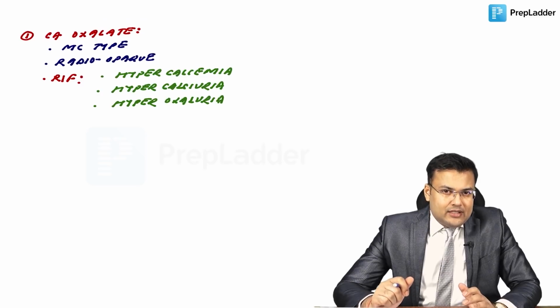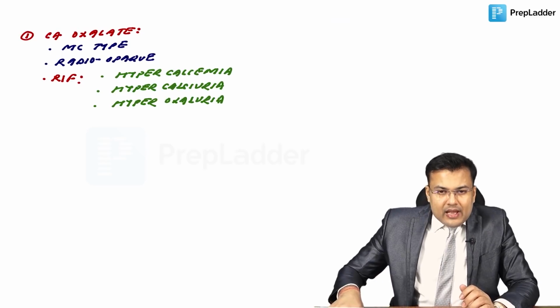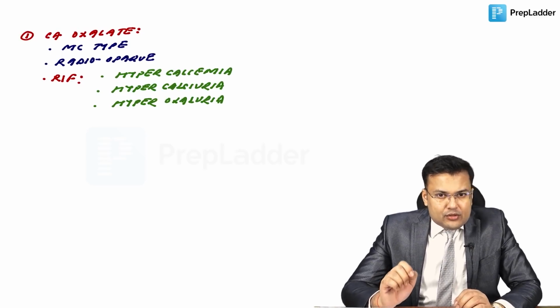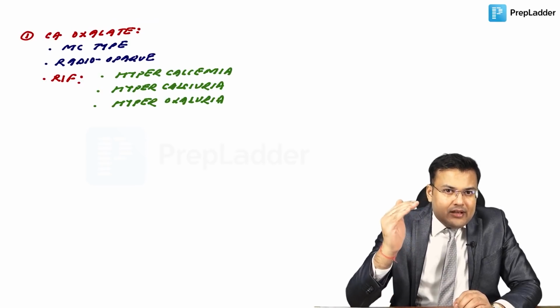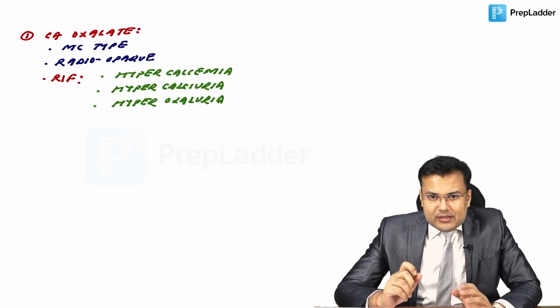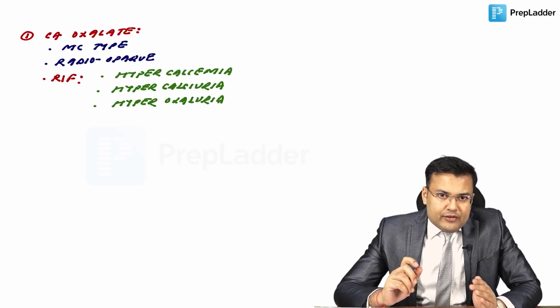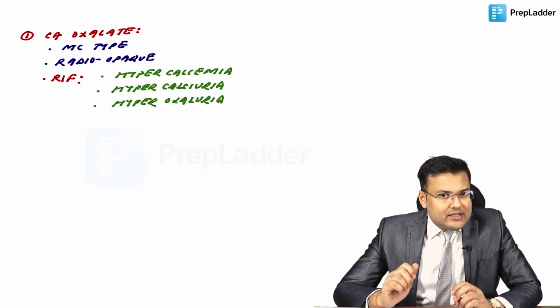Okay. Second, what is the most common radiolucent renal stone? That is uric acid stone, right? For formation of uric acid stone, obviously there should be increased concentration of uric acid in the urine. It means the person must be having hyperuricemia. So increased concentration of uric acid in the blood and urine increases the risk.